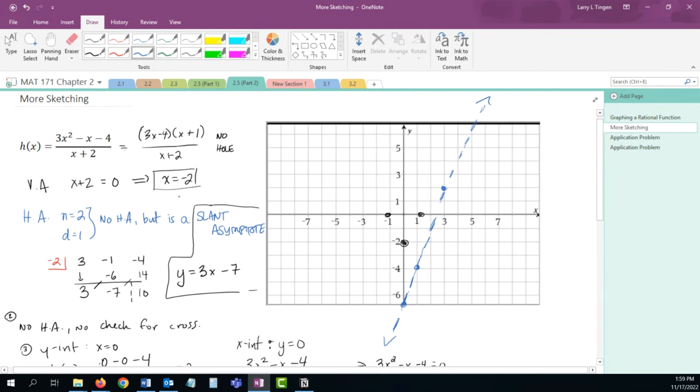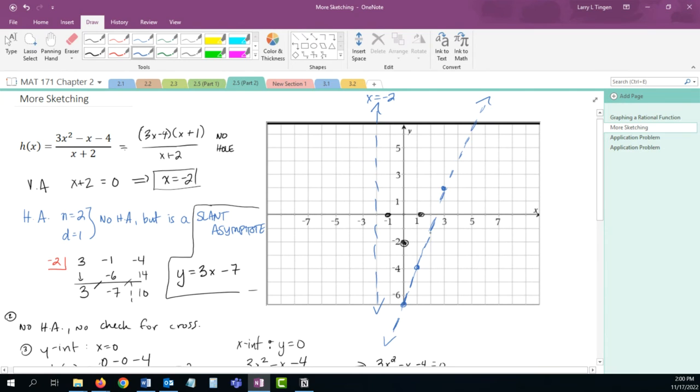Something I didn't do though is I didn't graph that vertical asymptote that we found. That's going to help a lot. Right, so x is -2. So I can't cross this.